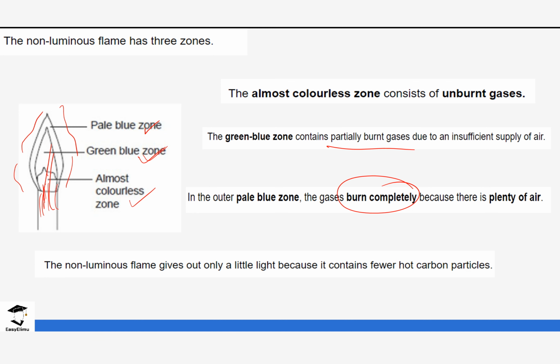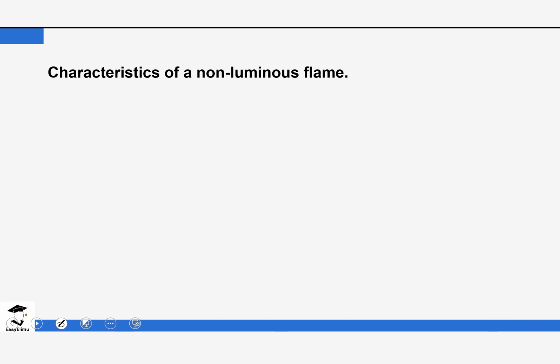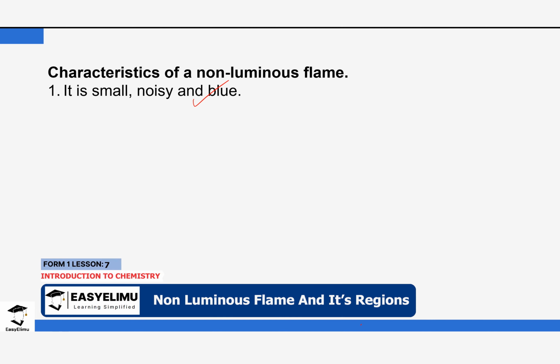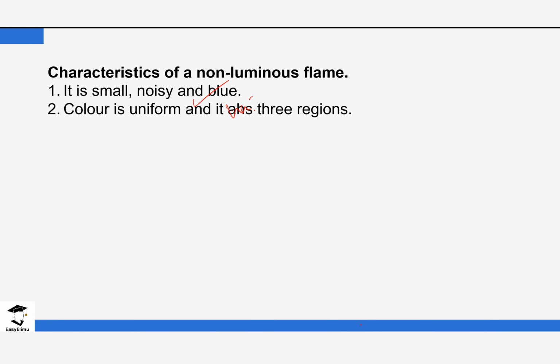So the non-luminous flame only gives a small light, because it has very few hot carbon particles, so it's not that visible. It's very hot. Some of the characteristics of the non-luminous flame: it is usually small, it's noisy, and it's blue in color. The flame has three regions, and it usually produces a lot of heat.